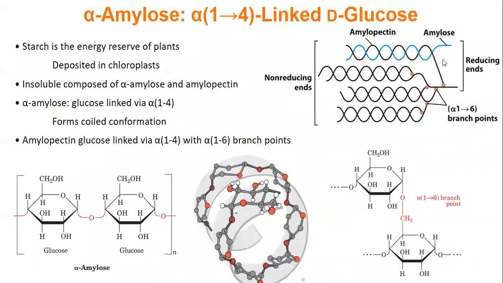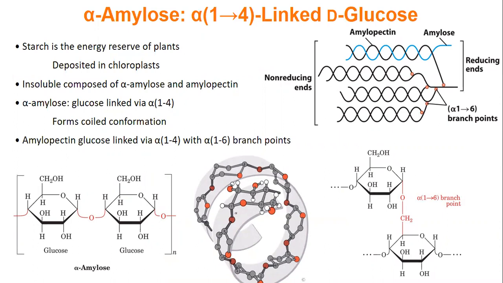Right. So let's continue on with polysaccharides, and now let's look at alpha amylose, which is just glucose in alpha 1,4. Cellulose was beta 1,4. Amylose is alpha 1,4, and that little change in how the glycosidic bond is oriented makes all the difference.